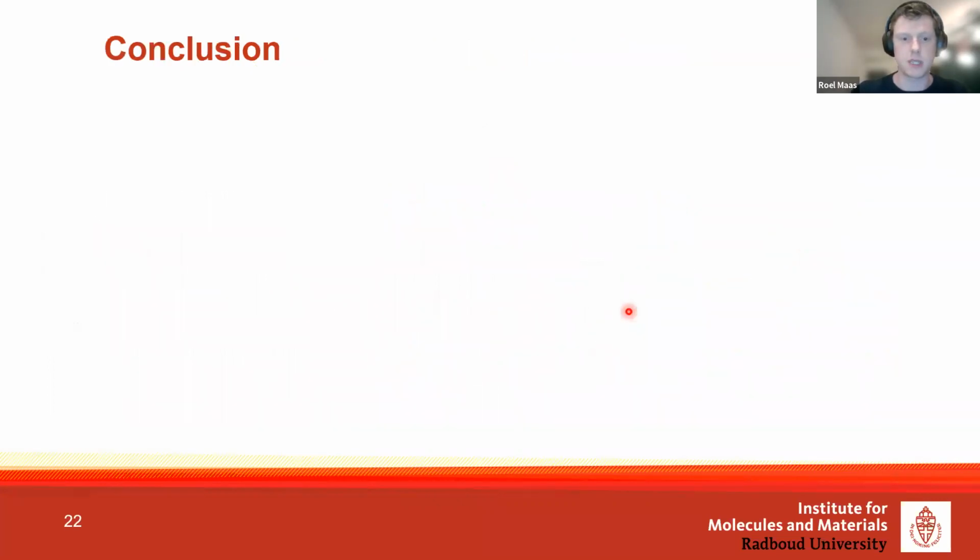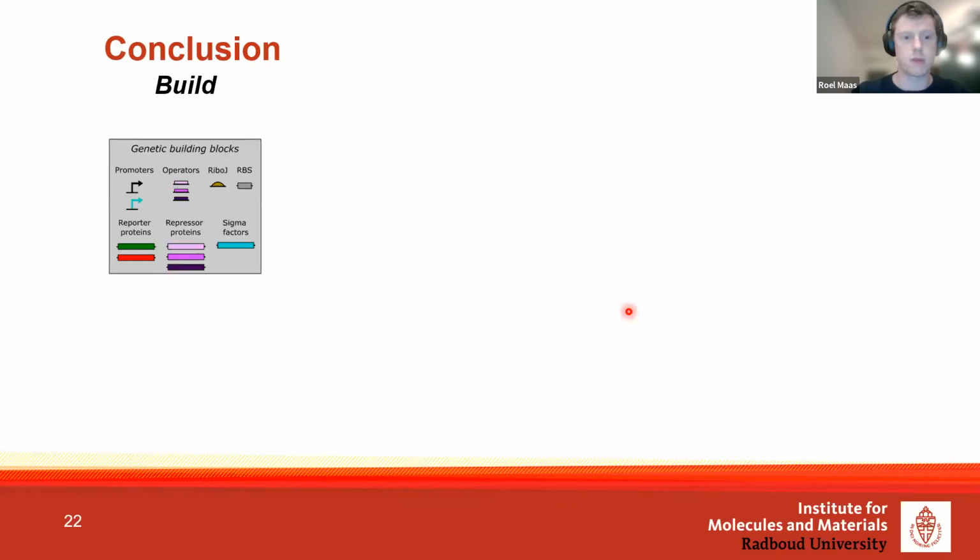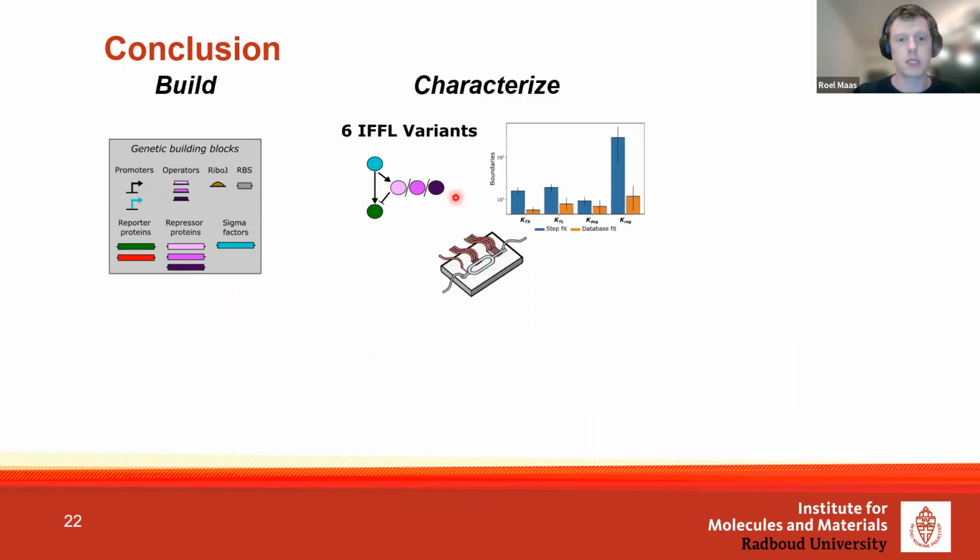So this brings me to the conclusion. I hope that I've shown you that we were able to build this relatively small library of genetic building blocks, that we then characterized this library using 6 different incoherent type 1 feed-forward loops by using a combination of flow devices, optimal experimental design, and Bayesian fitting.